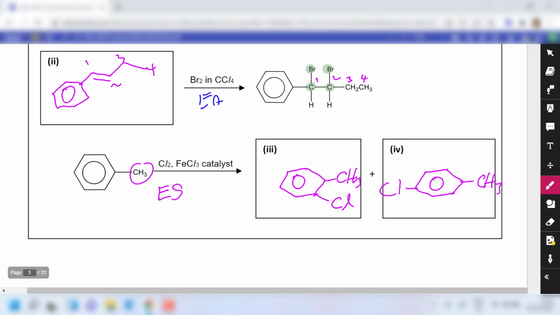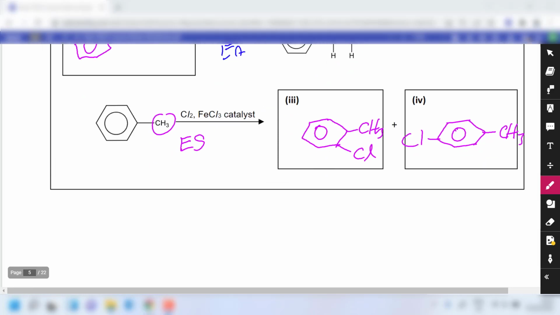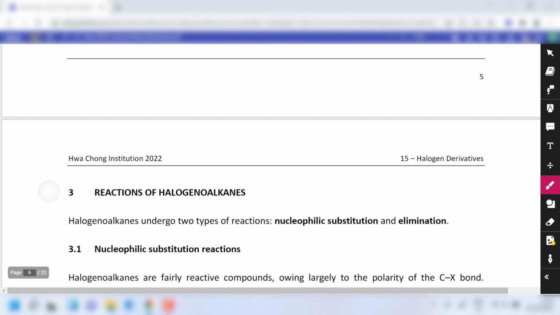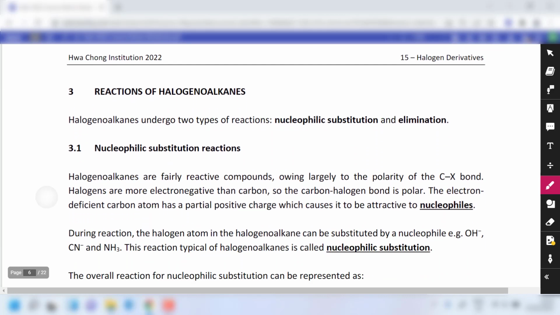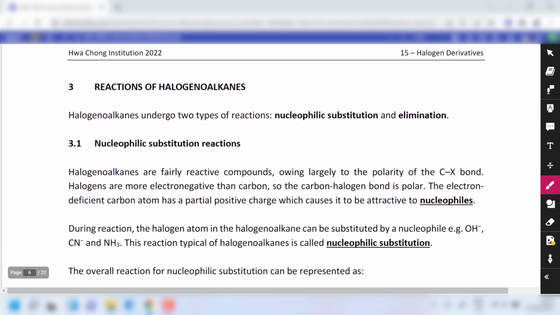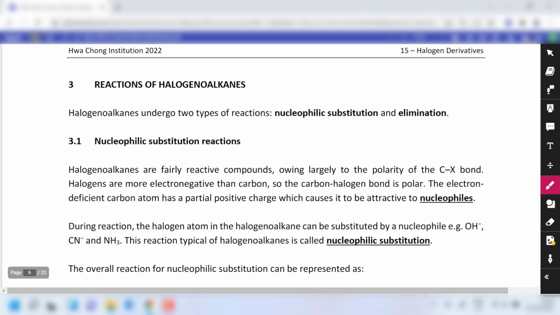If you understand the earlier topics at least 80%, 85%, or try to recall some of the things in the earlier topics, then it will help you to understand what is going on from halogen derivatives onwards. Next we'll move on to section 3, which is probably one of the most important sections in the topic on halogen derivatives.